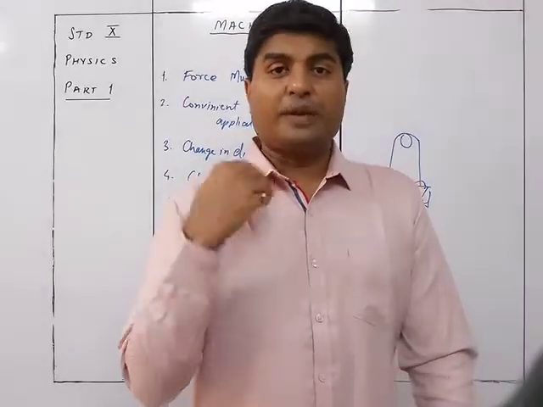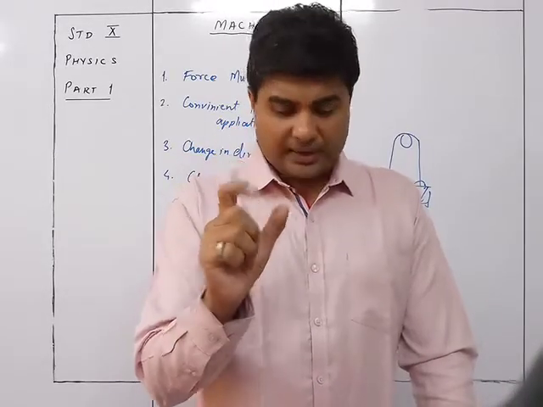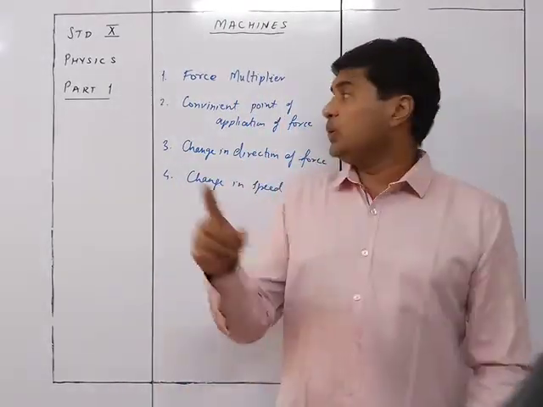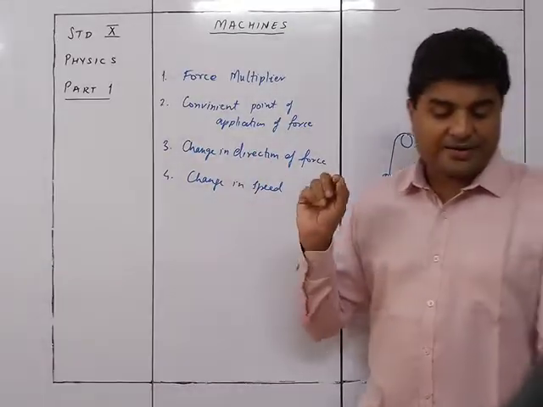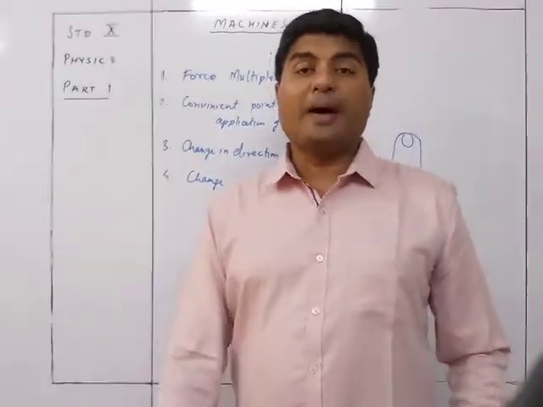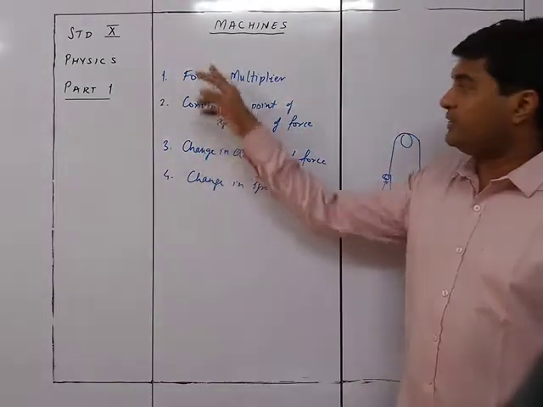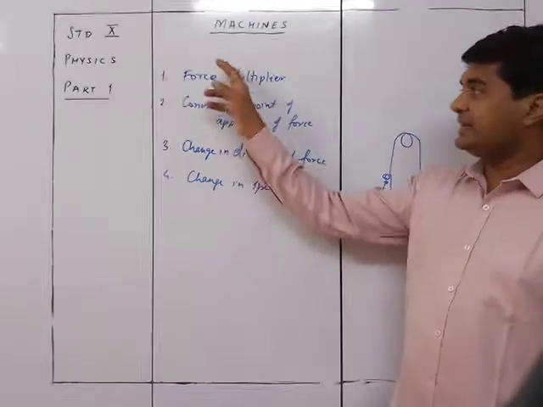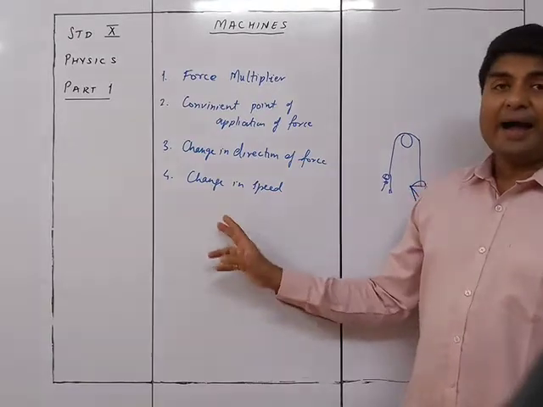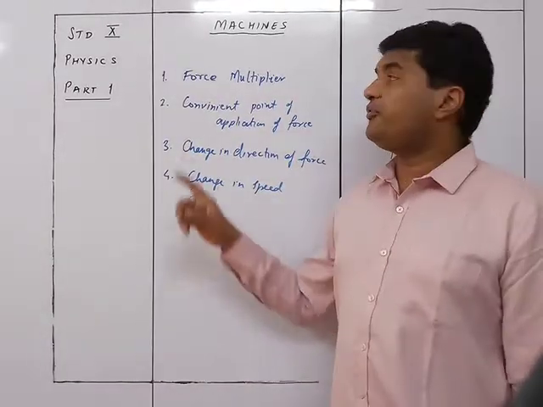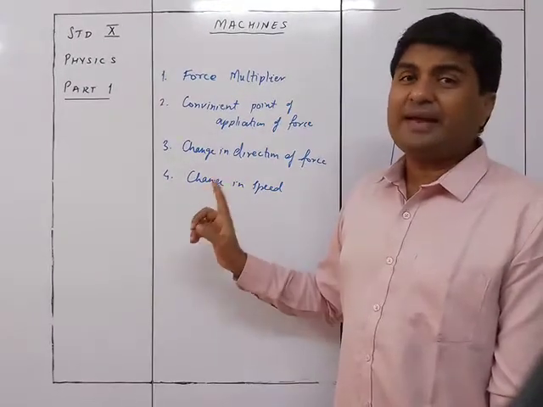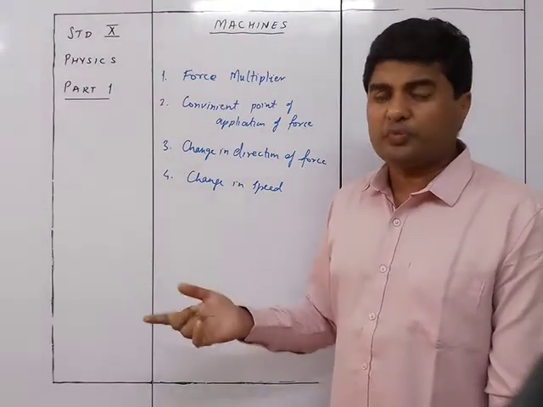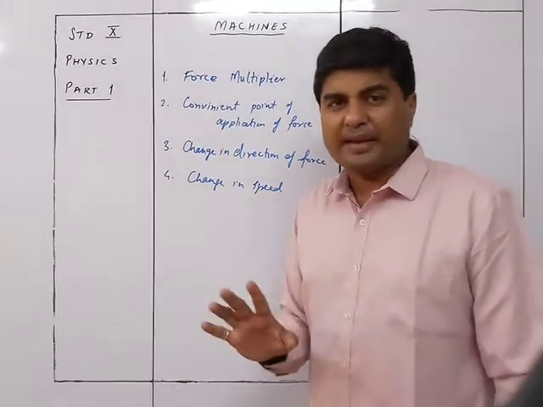That small applied force is the effort, at a convenient point and in a desired direction, or gain in speed. Because you cannot have this as well as this. It is either this or this. Either a particular machine will be a force multiplier or it will be a gain in speed. It cannot be both. A simple machine will not be like that.